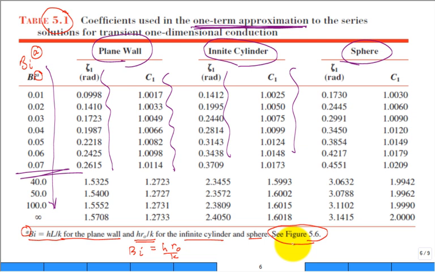First thing you do when you're having these problems of cooling a sphere, cylinder, or a plate like this is you check to see if lumped capacitance is justified. True? And you calculate the Biot number. Which way?